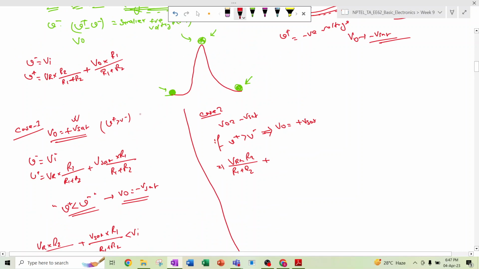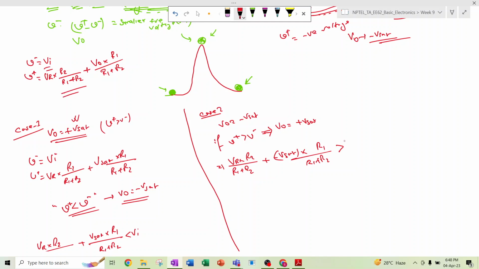We have considered it is minus Vsat, so this is minus Vsat into R1 divided by R1 plus R2, if it is greater than V minus, which is Vi.